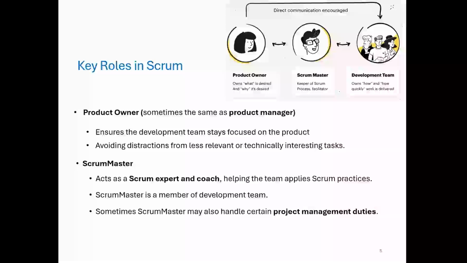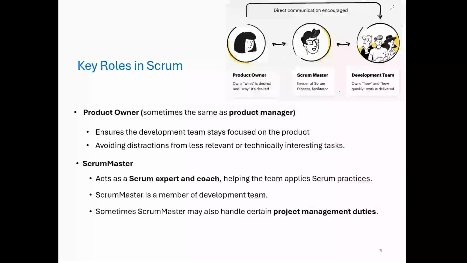The Scrum Master acts as the process coach, a person who makes sure the Scrum framework is being followed effectively. In many teams, the Scrum Master is also a member of the development team, especially in smaller groups where roles often overlap.